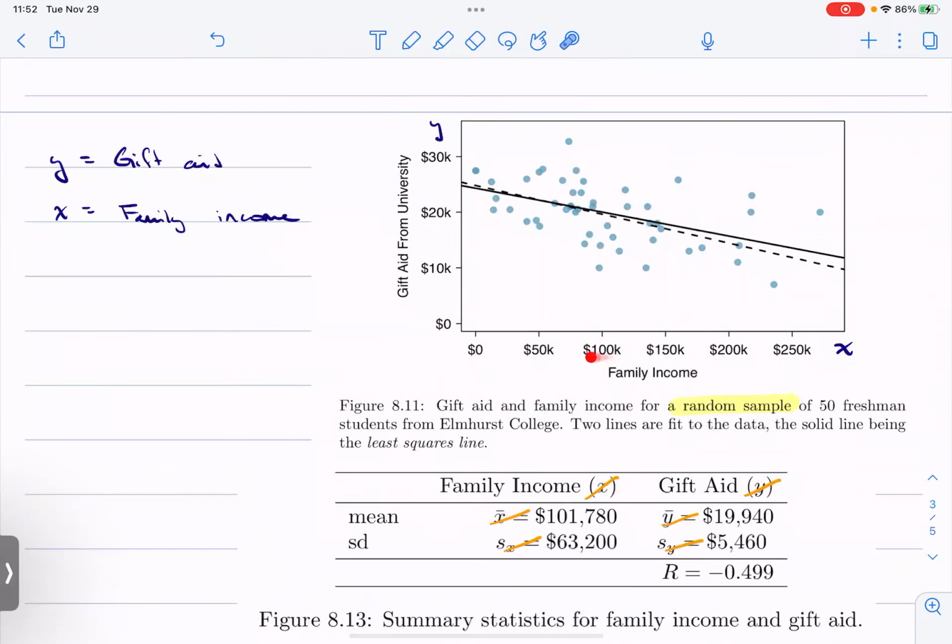So if we just bumped all these over and 0 wasn't within the range of our data, that would be an extrapolation. Now, extrapolation is when we use this line to predict values outside the range of our data. So kind of the same problem that we've seen before is, okay, well, we've used this sample information.